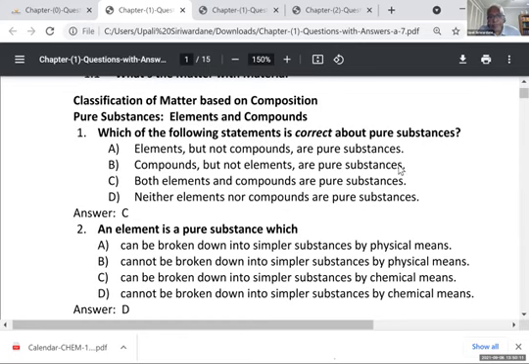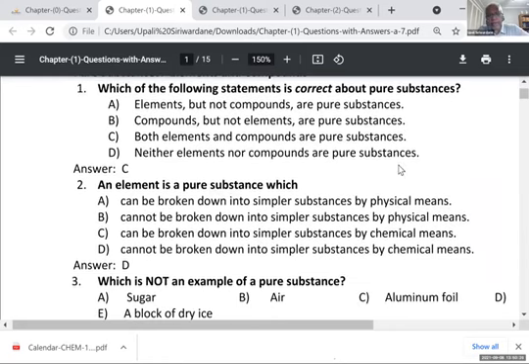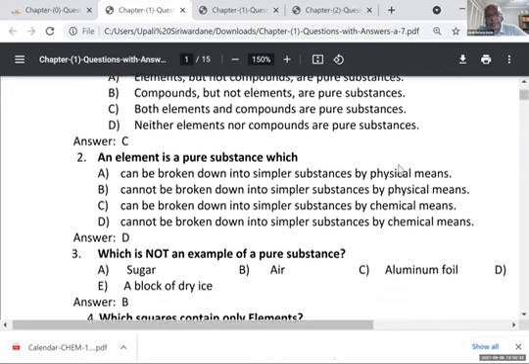Compounds but not elements are pure substance. That's the opposite of the first one. Neither is not true. Both elements and compounds are pure substance. That's the correct answer. Number 3.